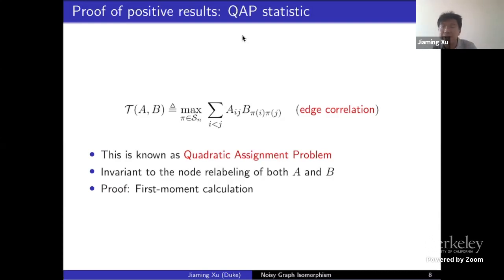That's why this test statistic is not computationally efficient in the worst case. As desired, this statistic is invariant to node relabeling. If you relabel the nodes in A and B, the value of the test statistic won't change. The proof of the success of this statistic is relatively simple. It's just based on the first moment calculation, or using a union bound.